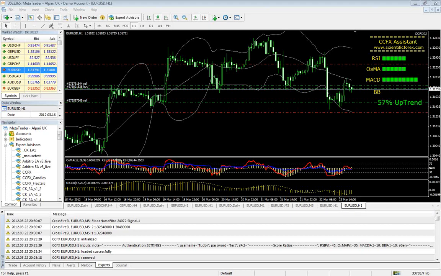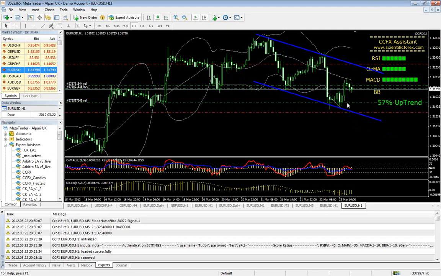So just look at other indicators, and this will be more clear. Draw the trend lines here. Actually, I should have drawn them first in here. And then copy this one.